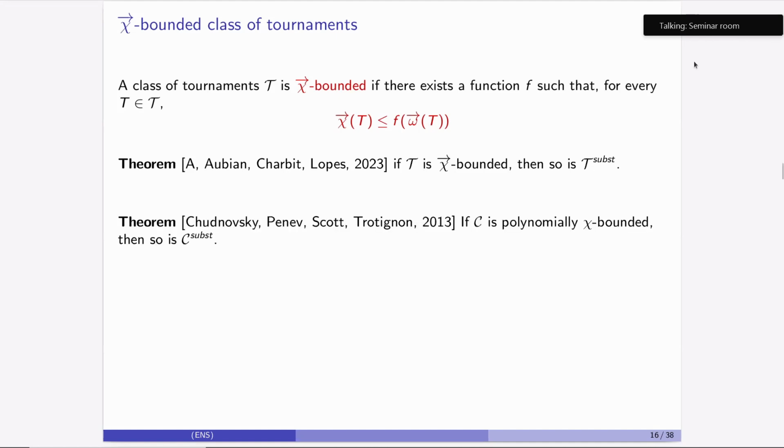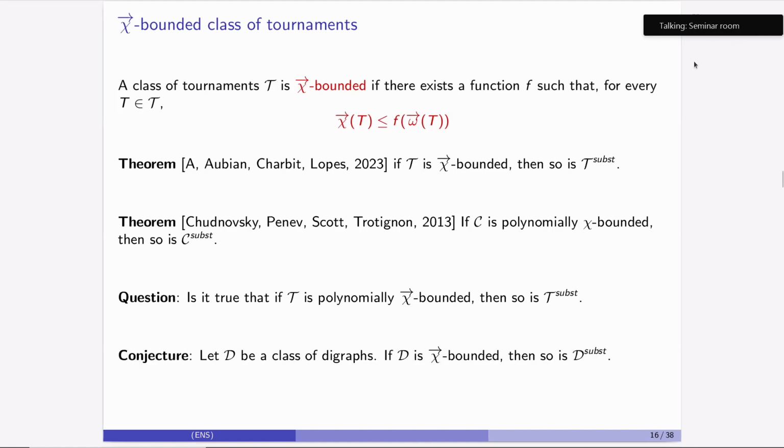Another question we could ask is, because Chudnovsky, Penev, Scott, and Trotignon proved that if a class of undirected graphs is polynomially chi-bounded, so chi-bounded by a polynomial function, then its closure under substitution is also polynomially chi-bounded. But this is harder to prove, and we could ask, is it still true for tournaments? I suspect it is not, I would say.